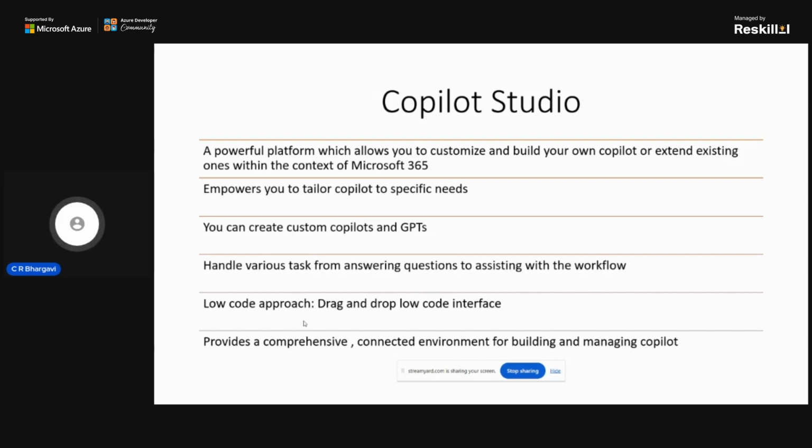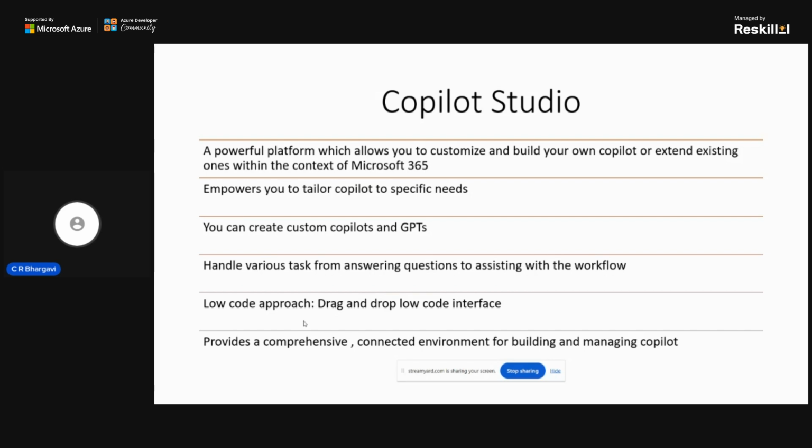This falls under the low code no code approach, where it's just drag and drop, where you can plug in and plug out, add the interfaces that you want, and just plug and play.